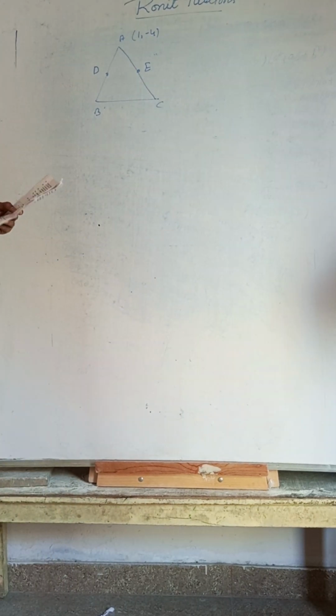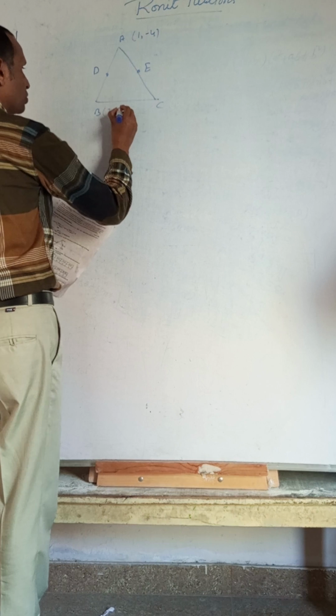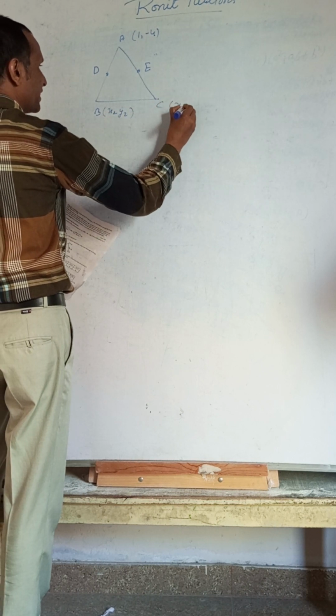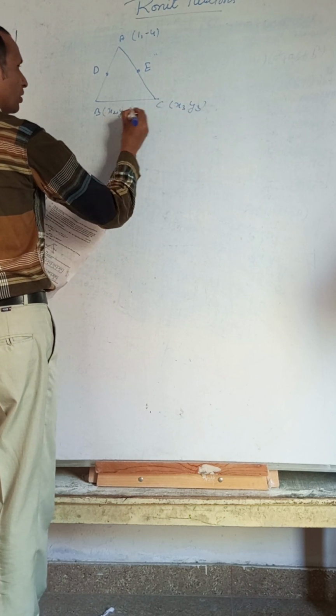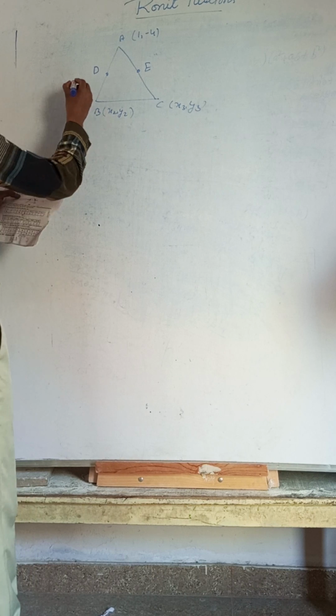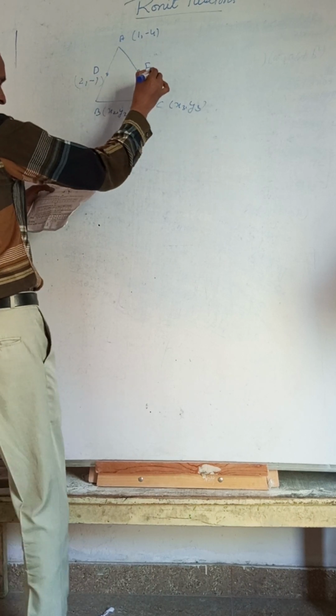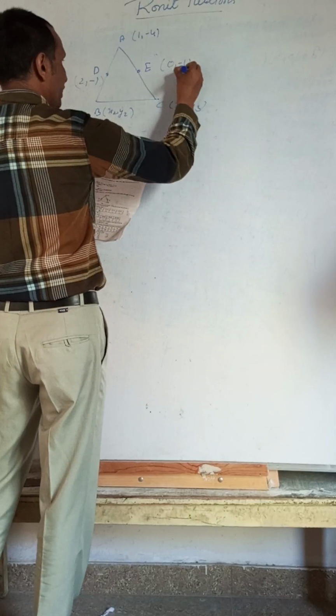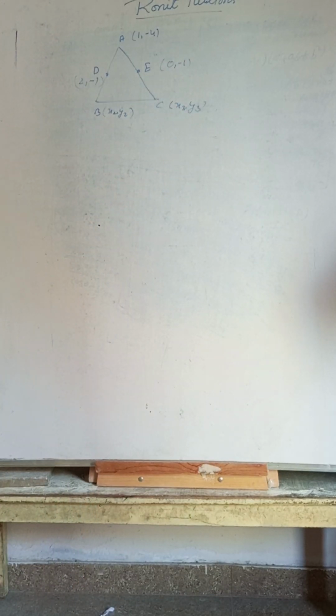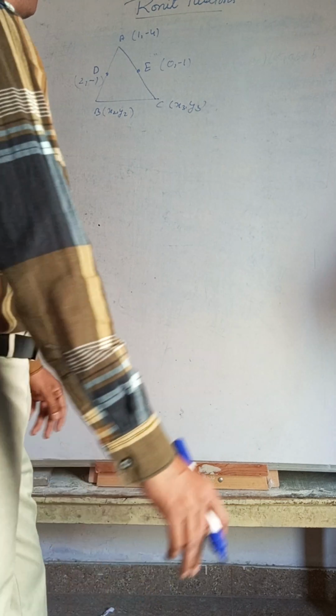We don't know the vertices; these are (x2, y2) and (x3, y3), and we are finding them. The midpoints are given as (2, -1) and (0, -1). Find the area of triangle ABC.